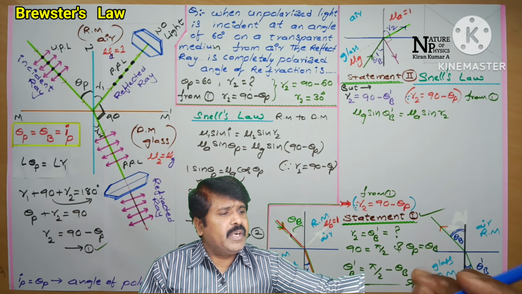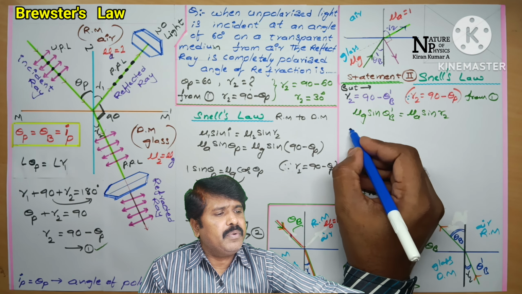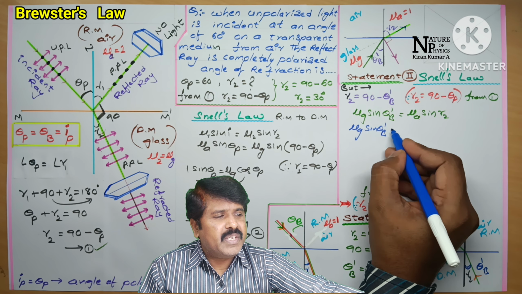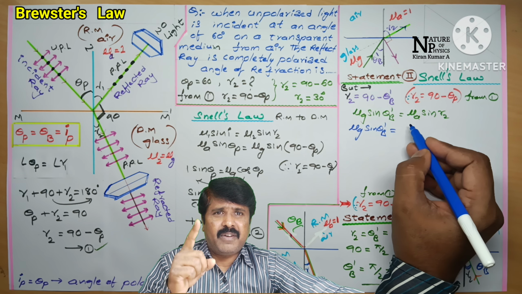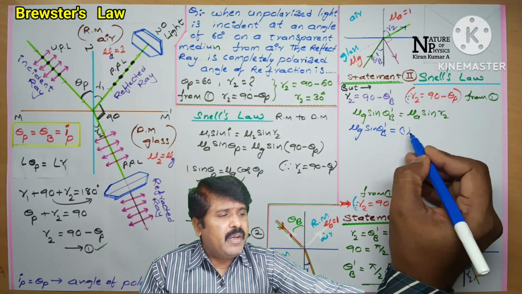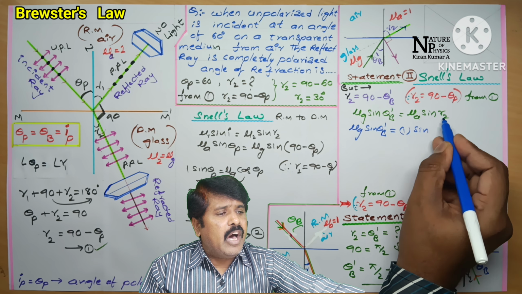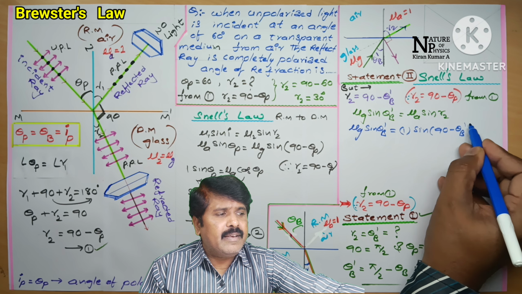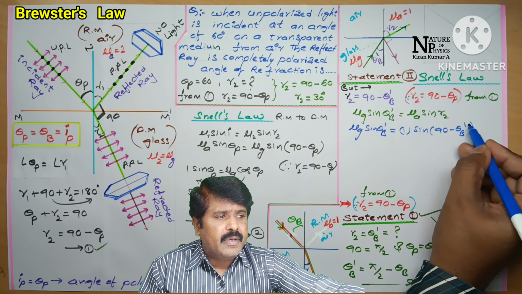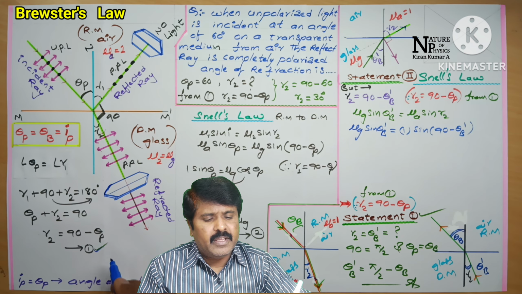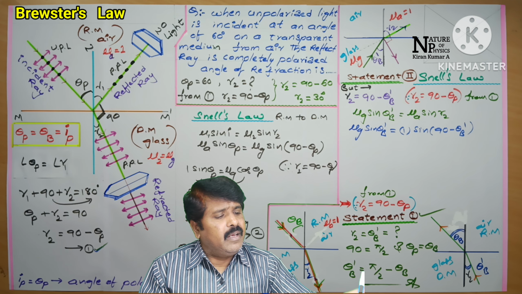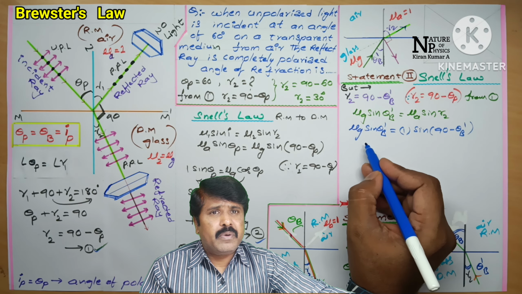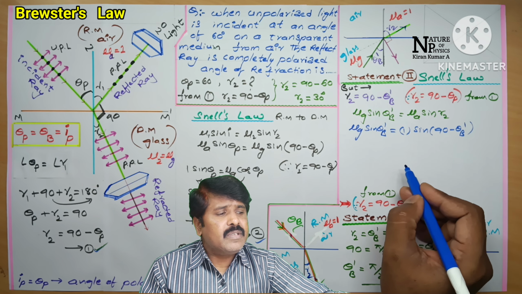Continuing the derivation, mu g sin theta b dash is equal to the refractive index of air, which is 1, into sin R2, whose value is 90 minus theta b dash. Yes student, everything depends on the first equation and the second equation only. So I am using the first equation and finding the solution.